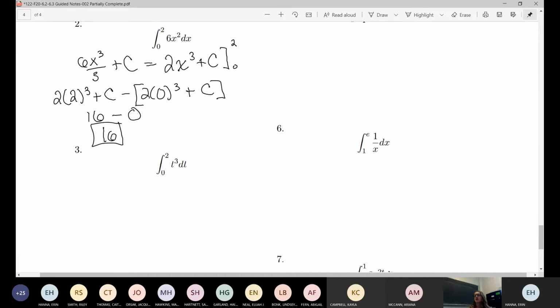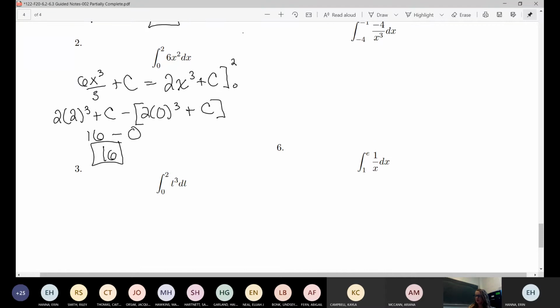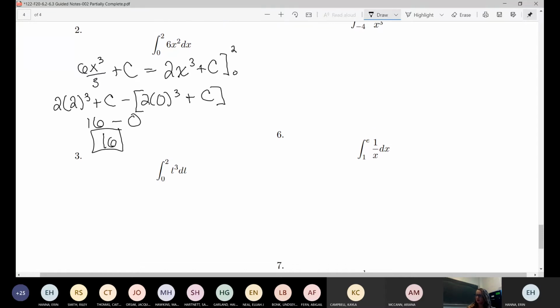Okay, so I actually want you guys to try number 3 first. That's the integral from 0 to 2 of t cubed dt. I feel like the t doesn't quite look like a t. So I'm going to give you 2 minutes to try that before we talk about it. I will sit here in awkward silence.